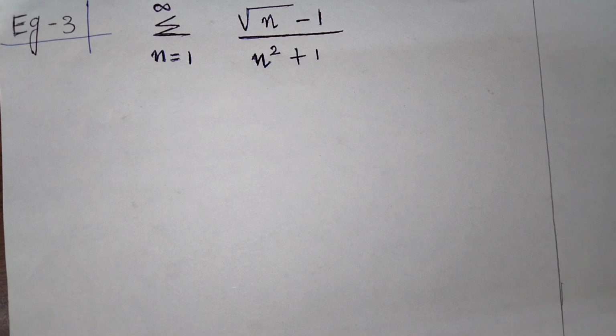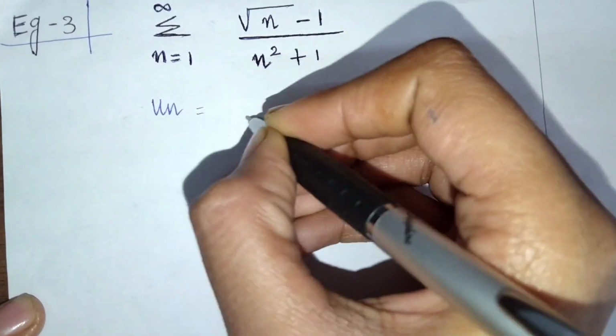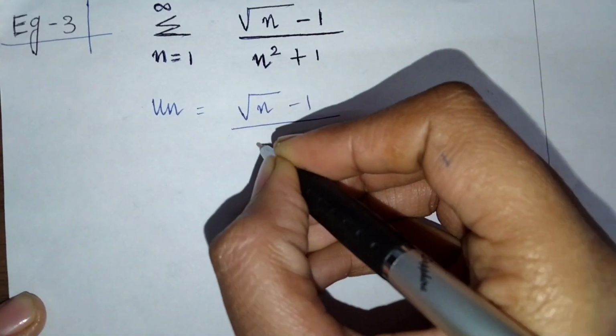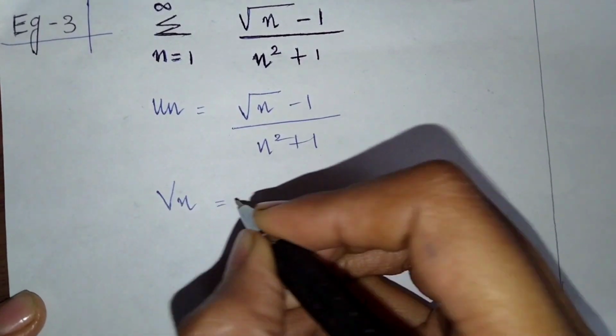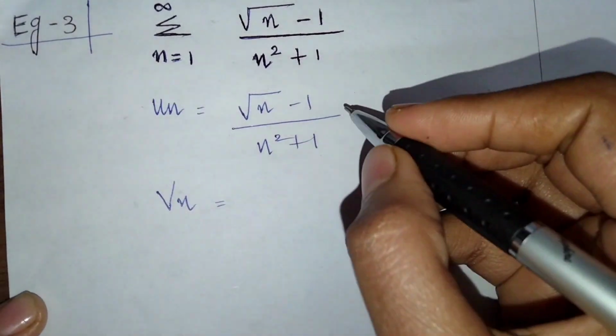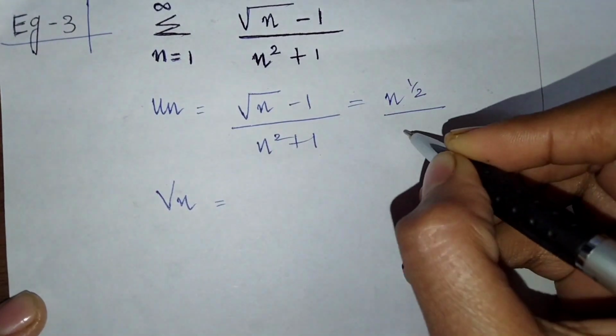Okay, so example 3. Summation n equal to 1 to infinity, root n minus 1 upon n square plus 1 is given. So from this we can say that our un is root n minus 1 upon n square plus 1. And what will be our vn? We can write root n as n raised to 1 by 2, and here we have n square.